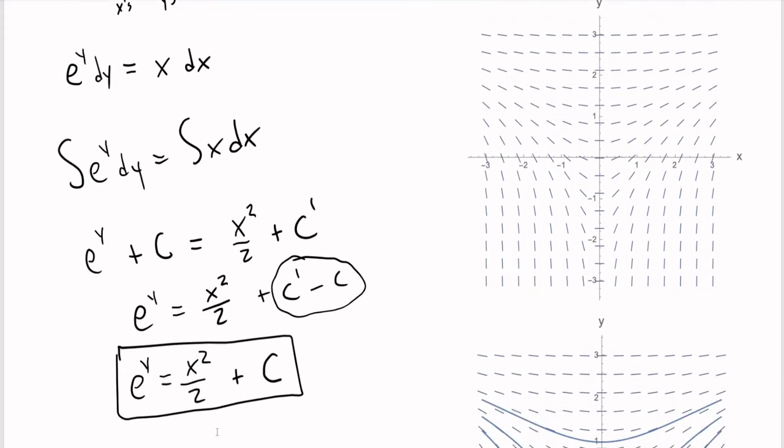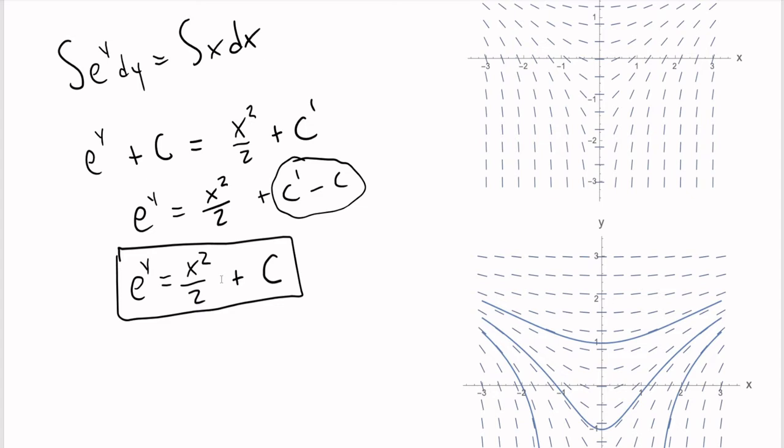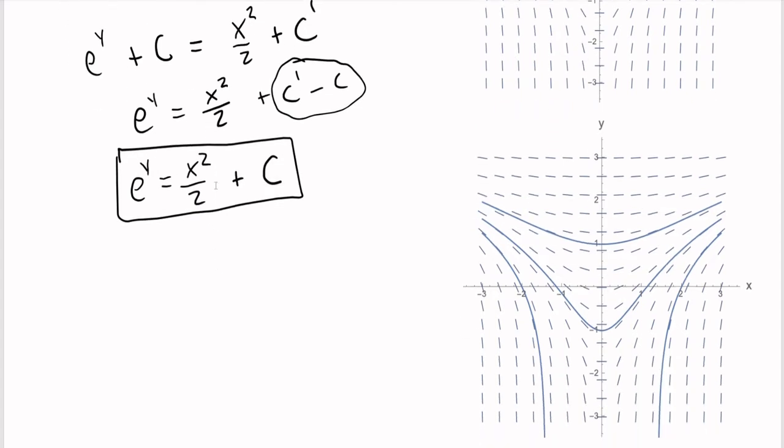You might look at this and be like, okay, sure, it's solved, but can you get this in terms of y? That's where we jump into step 4 that we mentioned with the question mark. Can we solve this for y? In this one, we can give it a shot. So e to the y equals this.